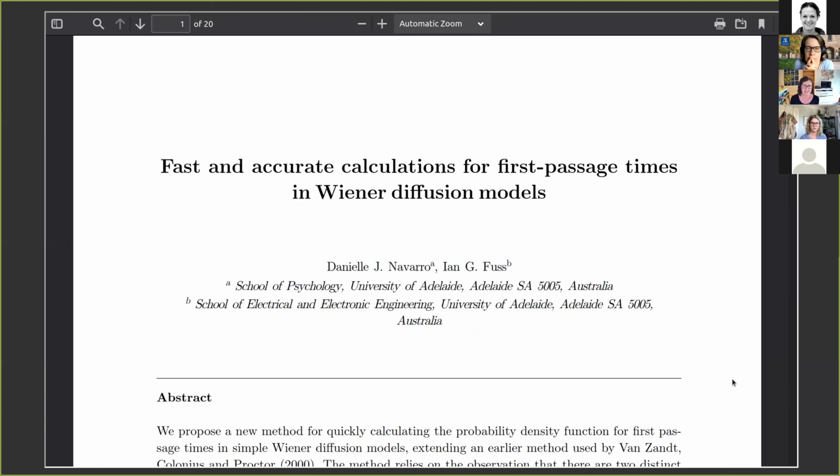This has accidentally led me to start writing papers that have nothing to do with human behavior directly. So I will write stuff on fast and accurate calculations for first passage times in linear diffusion models. That's not obviously a psychological phenomenon, but first passage times are of interest when you need to think about how humans make decisions under time pressure.